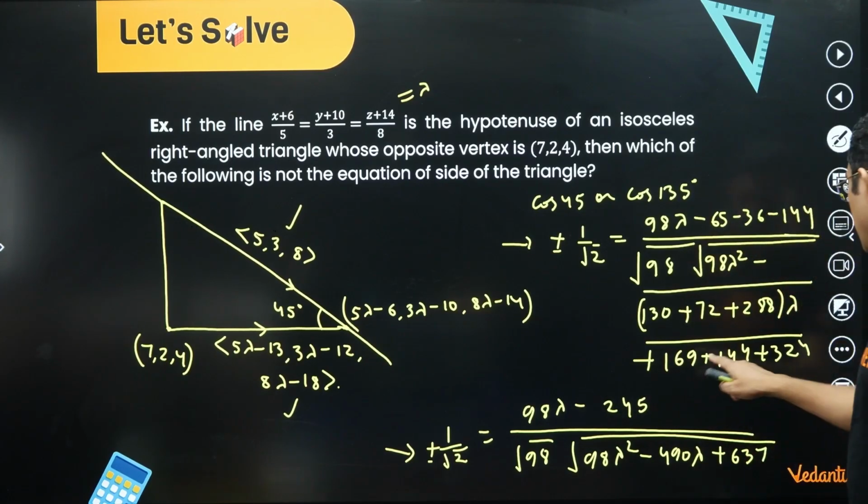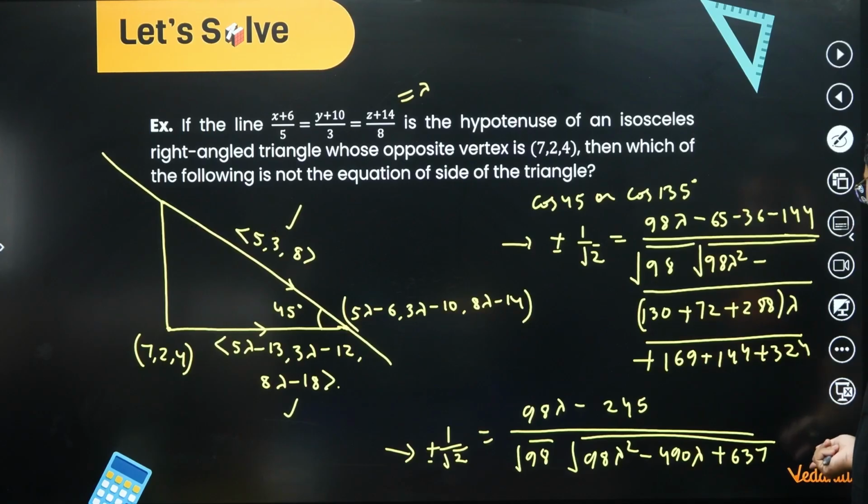You can check the calculation: 9 plus 4, 13 plus 4, 17, and then 1, 7 plus 4, 11 plus 2, 13, so 1 plus 1, 2, 3 plus 3, 6, yes, 637.